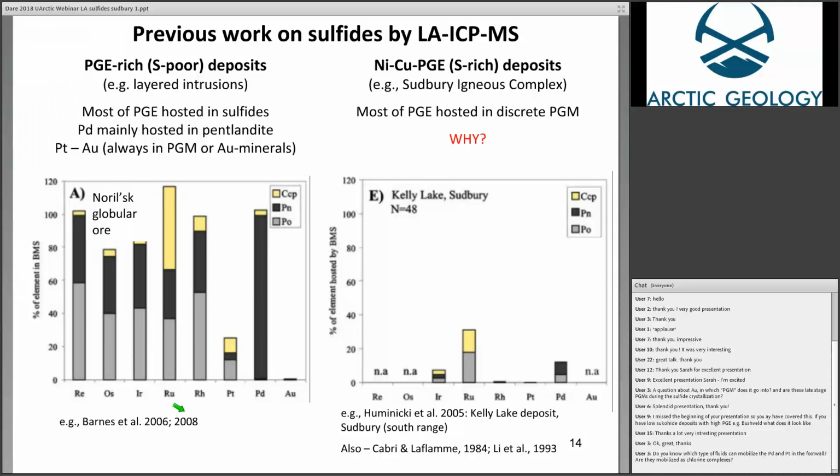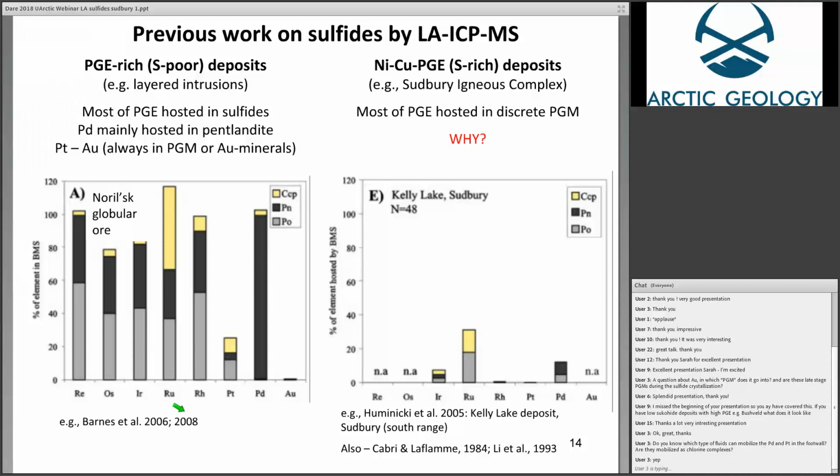However, if I'm remembering correctly, there's a lot of work by Jake Hanley on this, as well as Catherine Farrow. It's not necessarily the chlorine that's important. The chlorine is there, but I believe Jake Hanley's work showed you need a carbonate-rich fluid to actually move it. Otherwise, it needs to be very, very acidic, if I remember well. If that answers your question, Cliff.